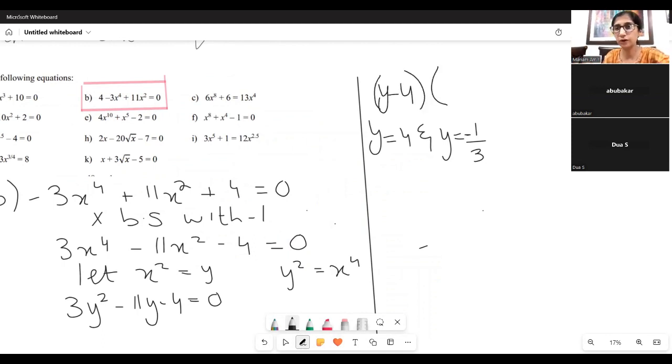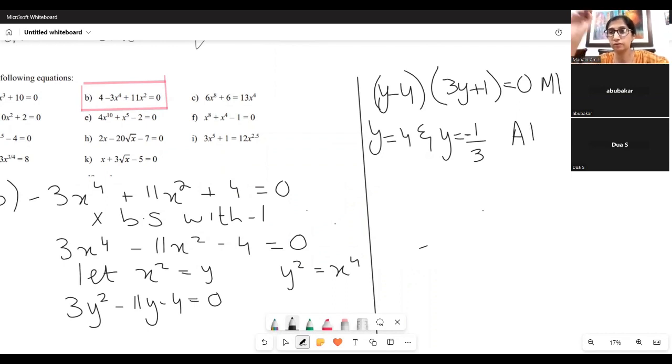For the second one, you first take 3 to the other side so that it becomes 3y, then take minus 1 to the other side, plus 1 equals 0. If you don't do this, you won't get the method mark, and then you won't get the accuracy mark either. The accuracy mark is only given when the method mark is given. So if you skip steps, you have to do it very intelligently.